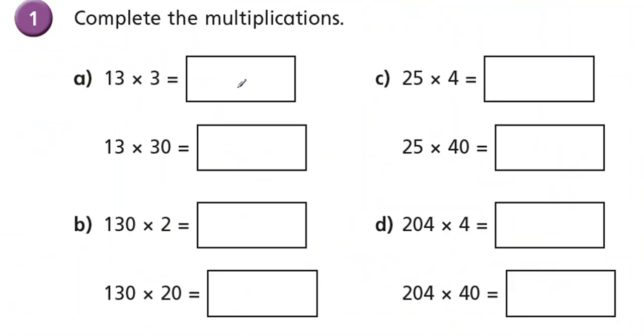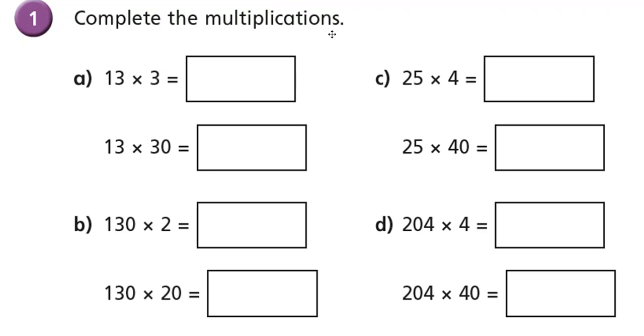Okay, now, just like yesterday, we're going to practice multiplying by a multiple of 10. Remember, when we're multiplying by a multiple of 10, we can make our original answer 10 times bigger. So, on your piece of paper, with your pen or pencil, have a go at this for me.